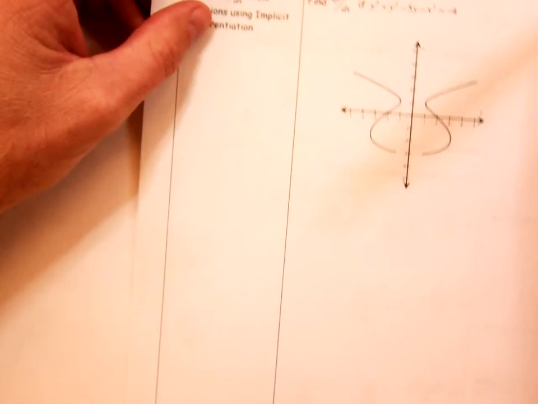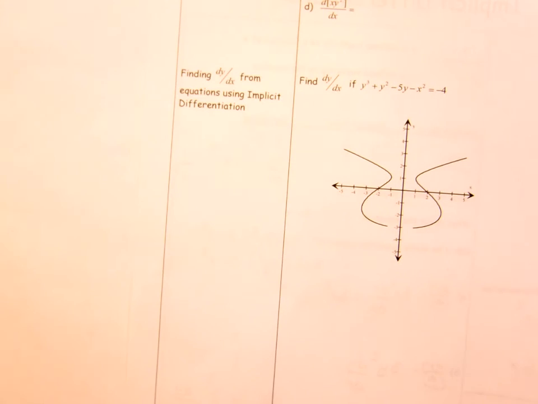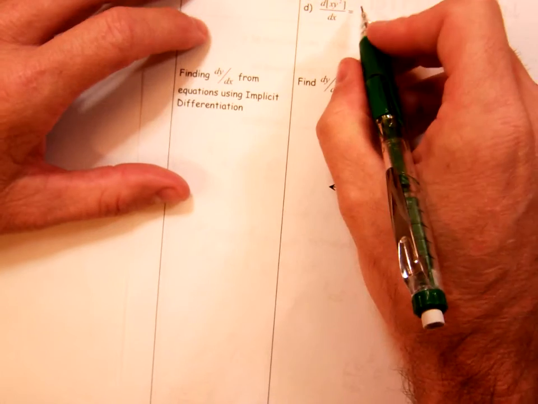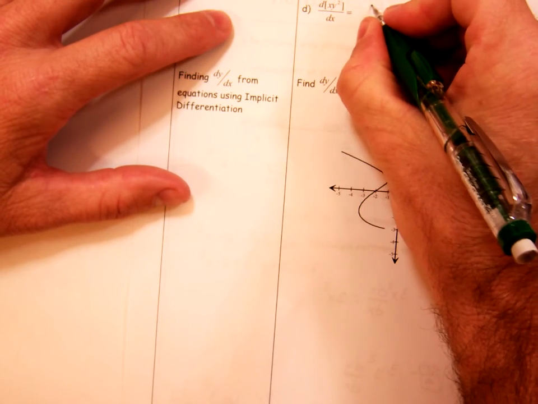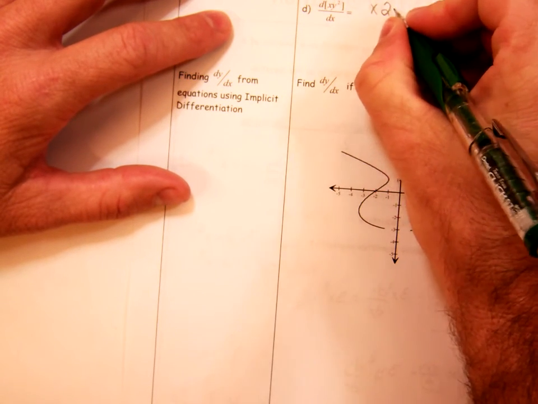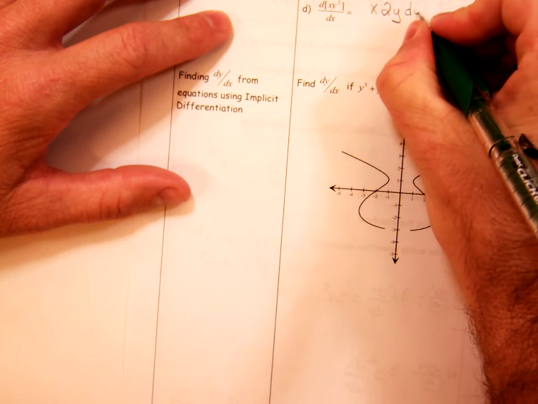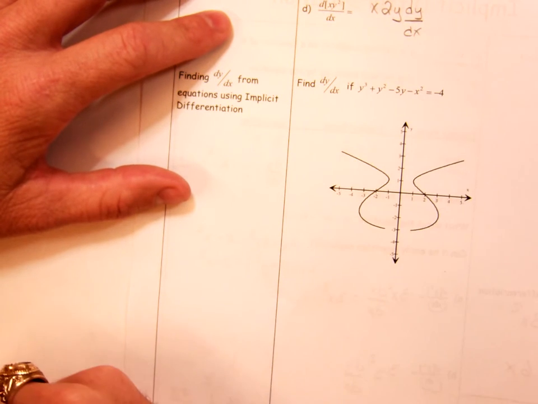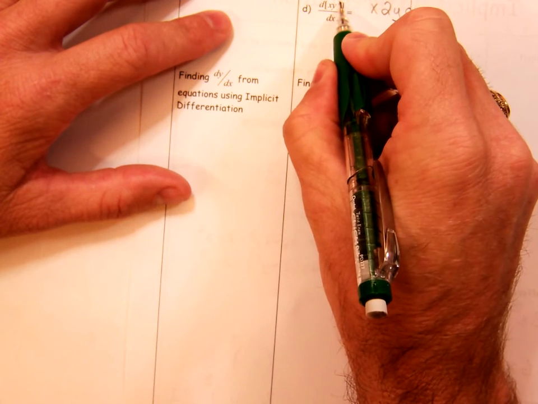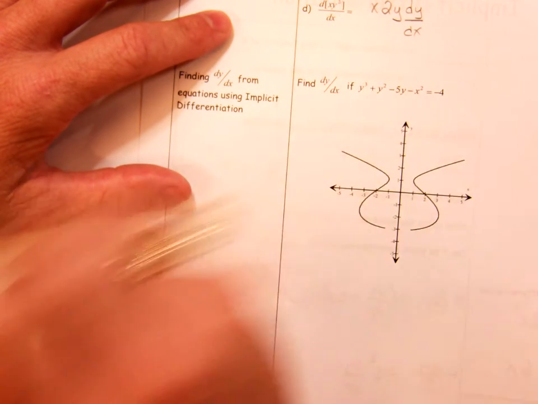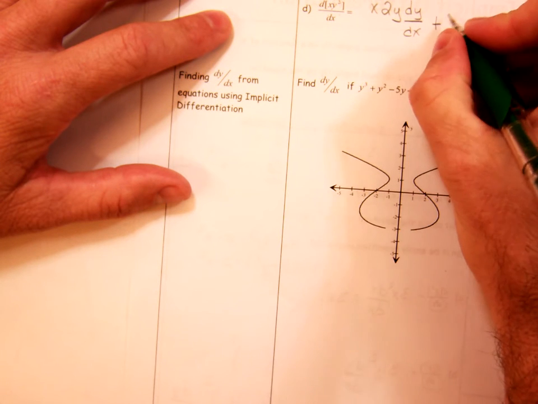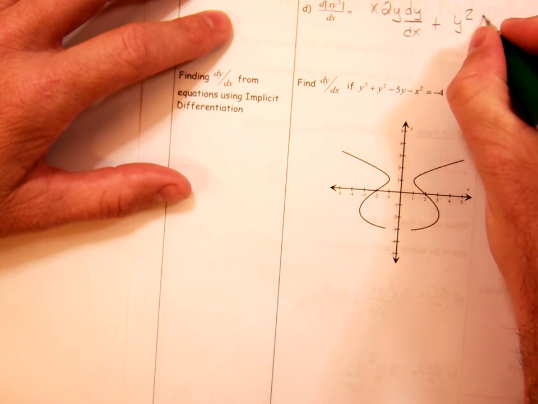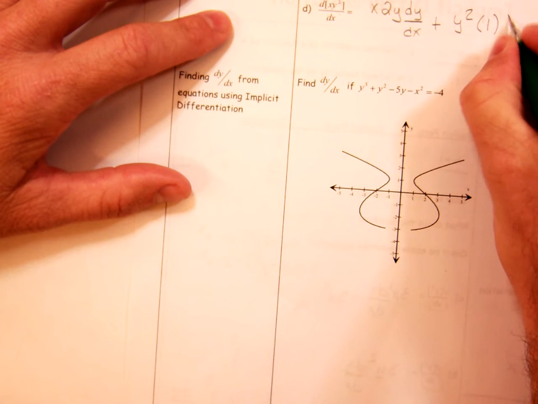All right, moving on. Let's look at this one right here. That's the product rule again, yes? And it just says take the derivative of it. So this is x times 2y dy/dx. I just took the derivative of y squared, which is 2y dy/dx, plus y squared times the derivative of x, which is 1 dx/dx.